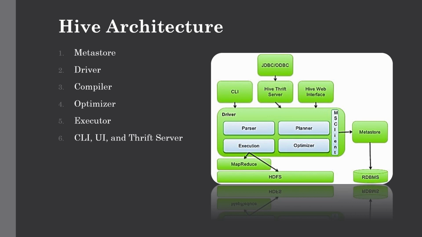It is just like an index for your database. All this information is stored in the Metastore. This helps the driver track the progress of various datasets distributed on the cluster. What is the driver? We are going to discuss that in a while. This metadata helps the driver keep track of the data, and it is very crucial. So our next component is the driver.